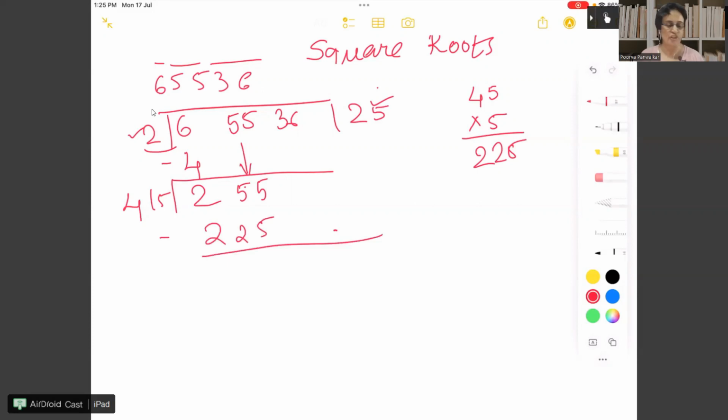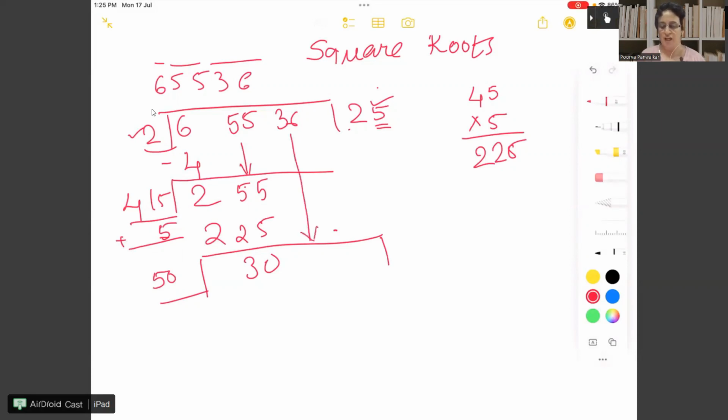I do the subtraction to get 30. Now again, I add 5 to 45 to get a new quotient 50. Now I have to check. Obviously, I see that 30 divided by 50 not possible.